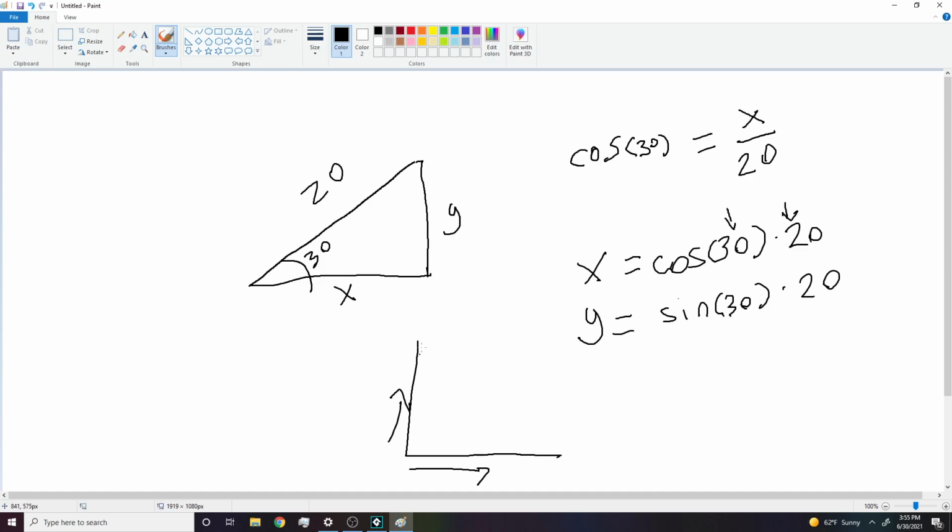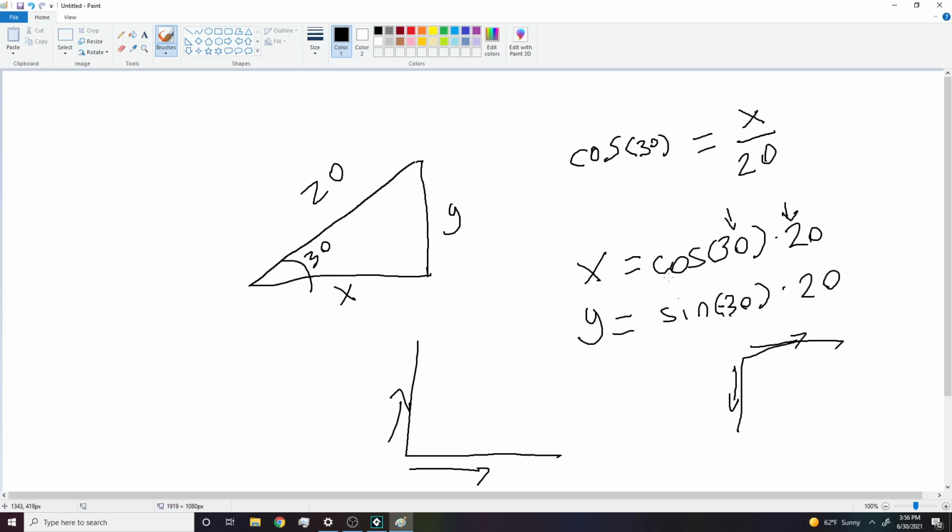But it's different in the space of games. It's more like this, and the y value is flipped. So the y value will get greater this way, x value this way. So in actuality, we'll have to take the negative of the degrees for sine, because the sine function is built for a Cartesian grid system, and we're not using that, so we'll have to take the reverse of our angle.